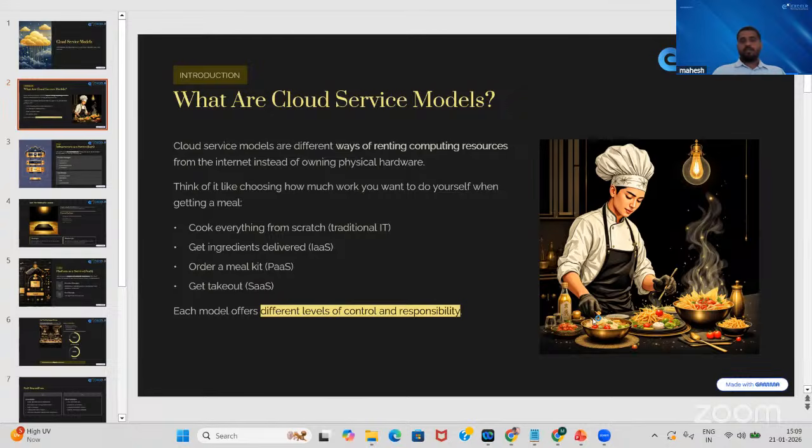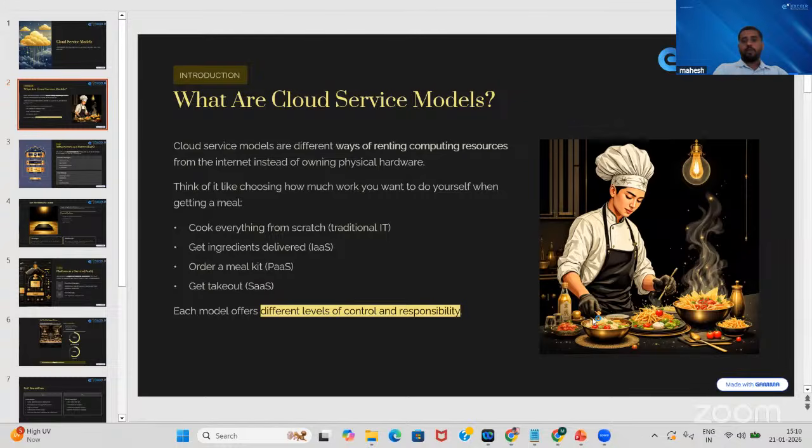Cloud service models simply say what different categories of services we are opting for from the cloud provider, how we manage them, and how we use them as per the customer requirements. Because we generally take different varieties of services from the cloud provider, we should categorize them.